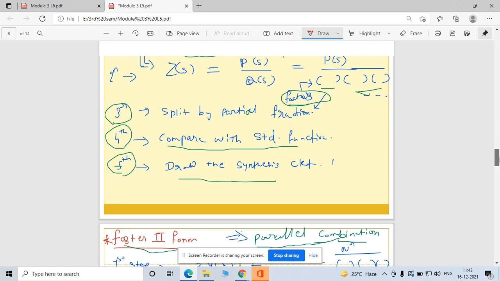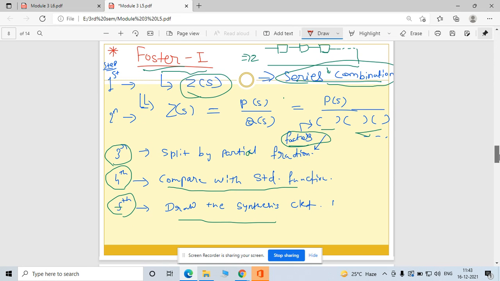First of all, the process is given here. You need to find out the Z of s. After finding the Z of s, you have to solve that, or you can make the arrangement in the denominator in factorized form, right?